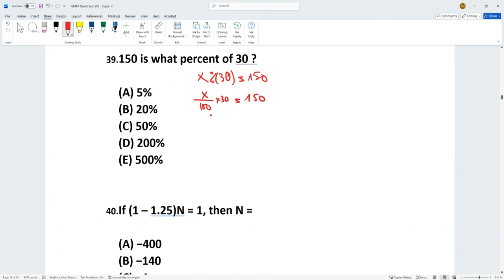So here we have 30x over 100, and x will be equal to 100 times 150 over 30.